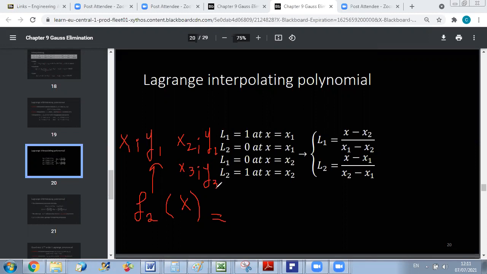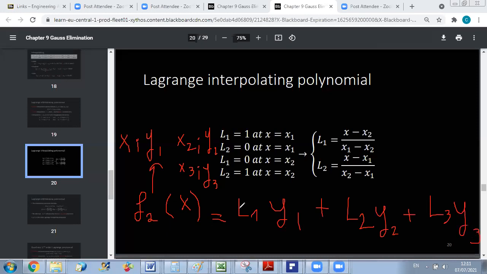So my resulting Lagrange interpolating polynomial can be written as a combination of my y data: L1 y1 plus L2 y2 plus L3 y3. And similarly, I will define my operators.